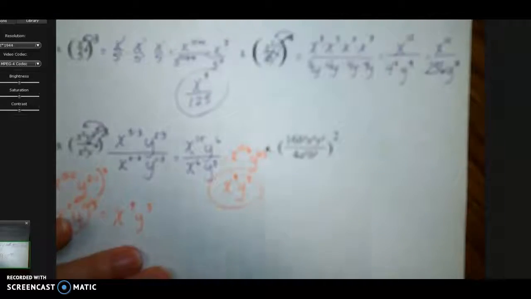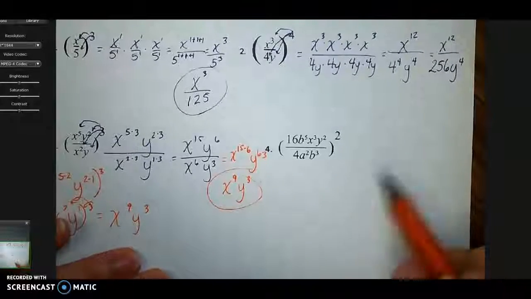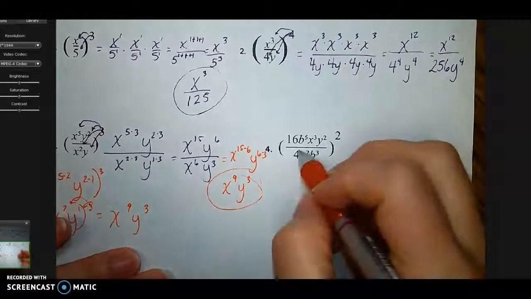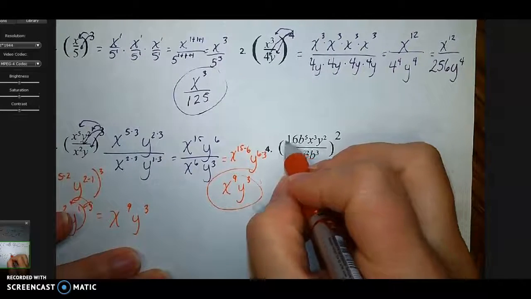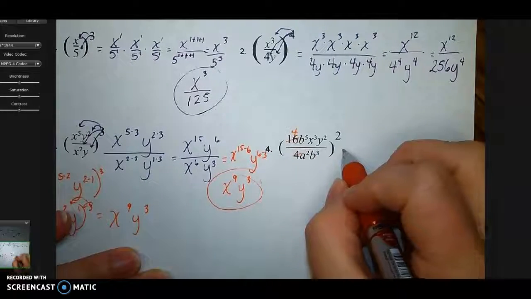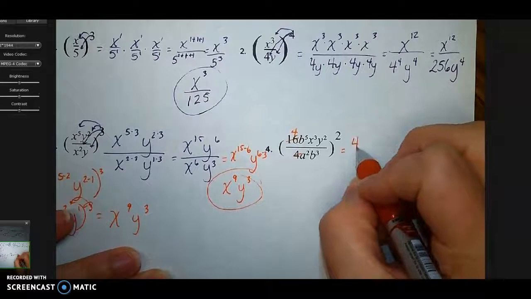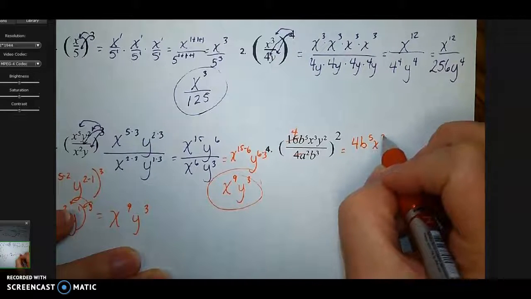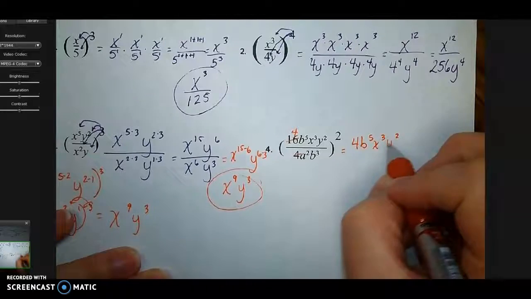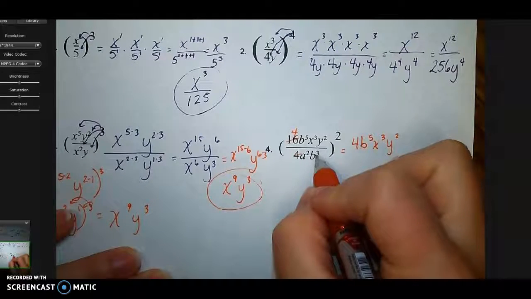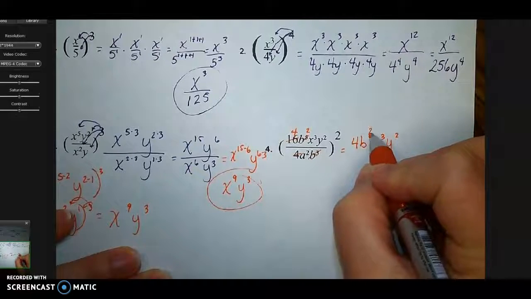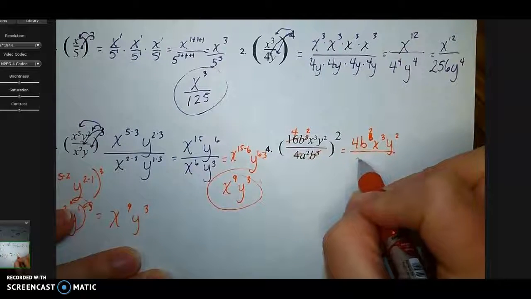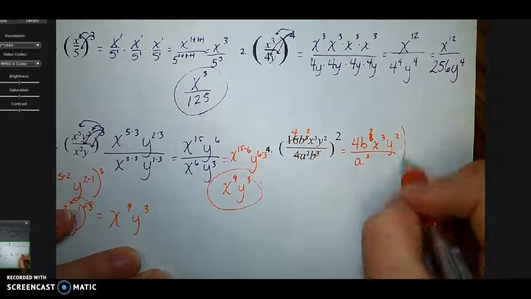Once again, with this one, if I can reduce ahead of time, I can always do that before I square when I have actual numbers out there. So the 16 and the 4, well, that's going to reduce to just 4. So now I have 4b to the 5th, x to the 3rd, y to the 2nd. I'm like, oh, wait a minute, I could have taken out those b's. That would have become a 2 there. And then on the bottom, I just have a squared.